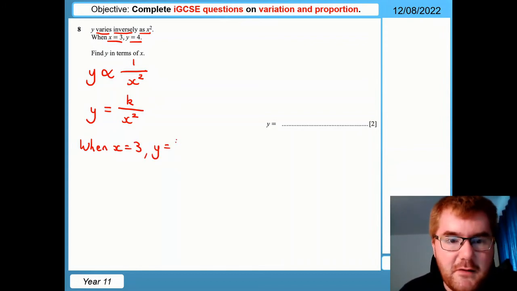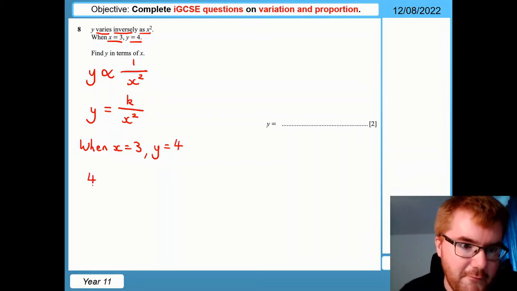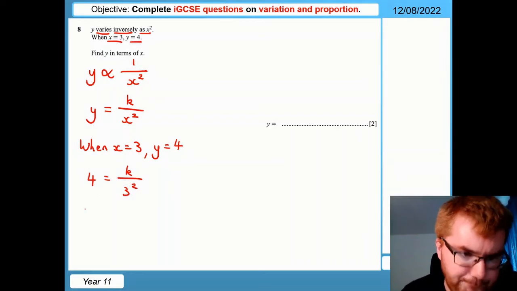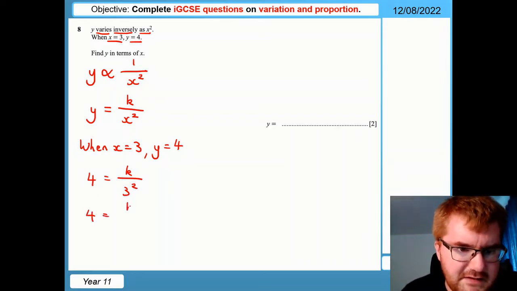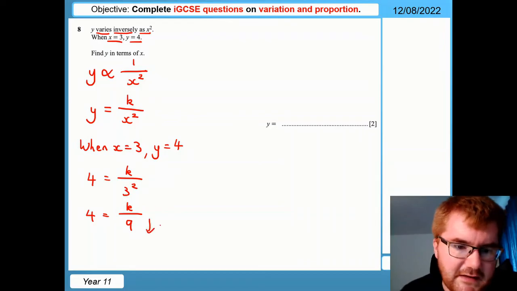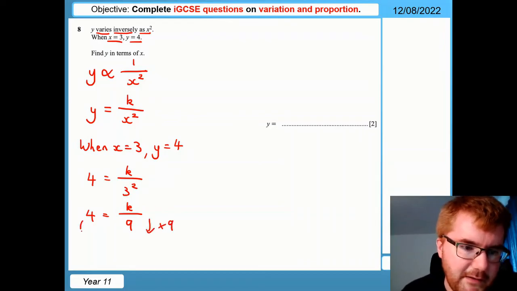So when x is 3, y is 4, that means 4 is equal to k over 3 squared. That means then that 3 squared is 9 at the bottom, and now we want to get k on its own, so we multiply by 9 on both sides. That gives us then 36 is equal to k.